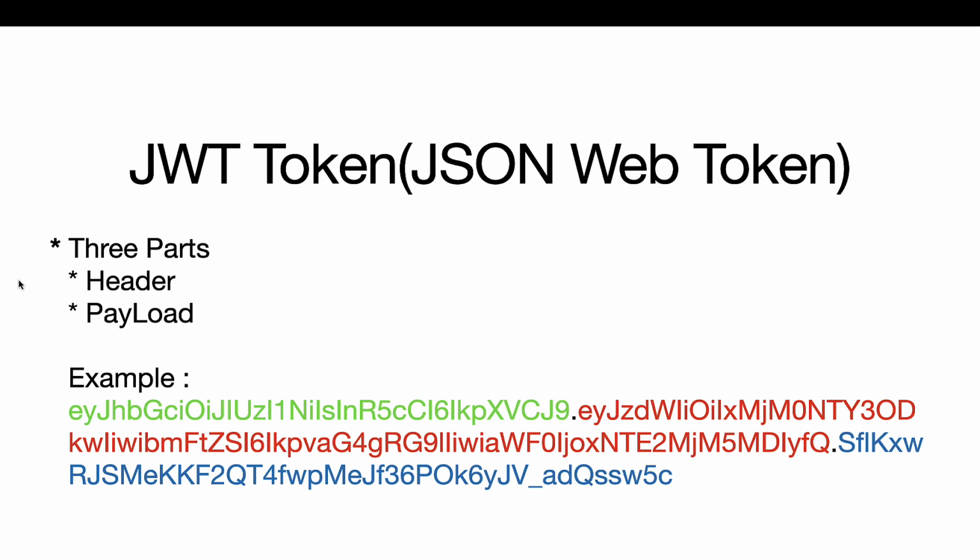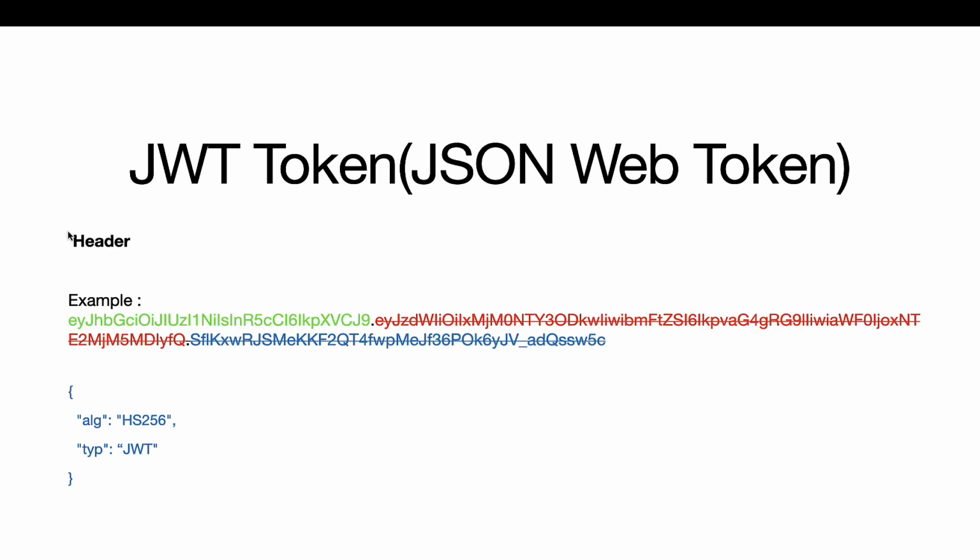I have divided these into three colors to denote the three parts of the token. The first part is the header. The second part, the red one, is the payload, which has the actual data. The last one is the signature part, which is used to verify the token, so it can be decoded or encoded because of this key.